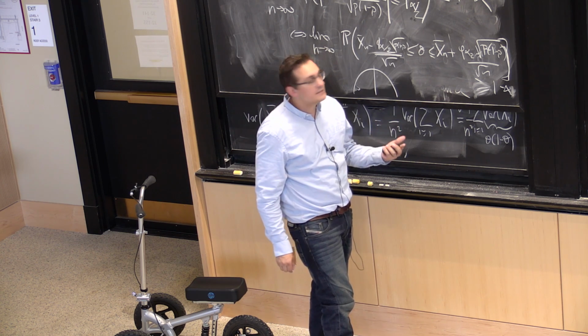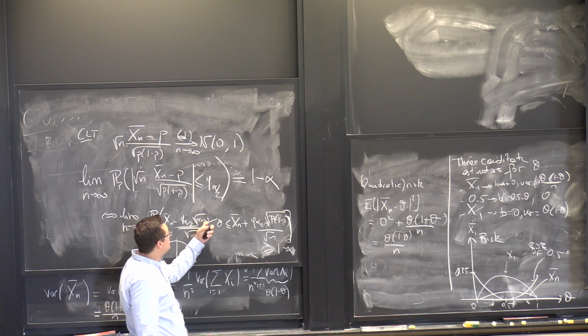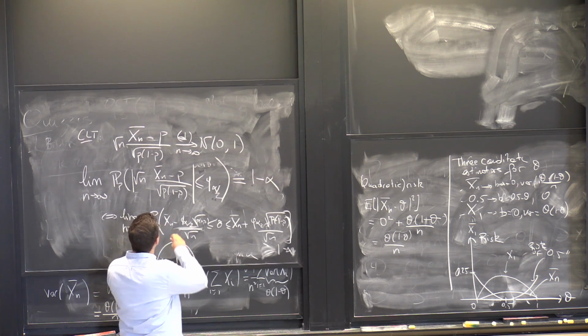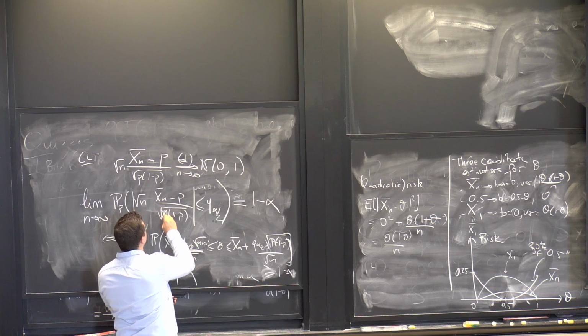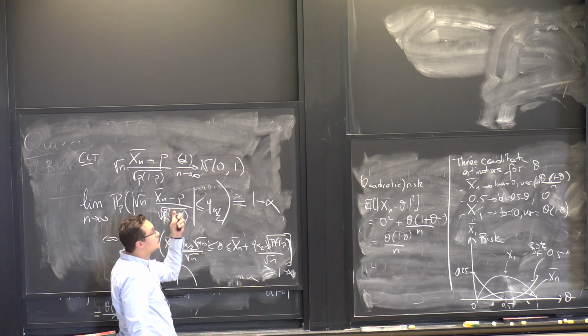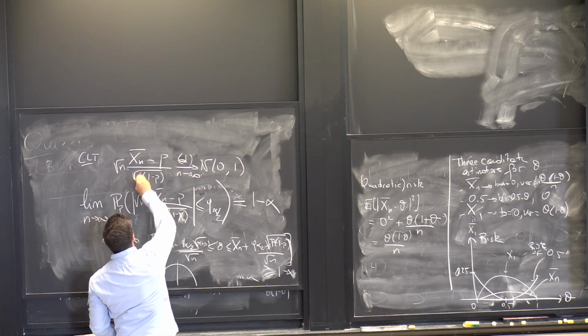Or I can use Slutsky and say that if I replace p by Xn bar, it's the same as just replacing p by Xn bar here. And by Slutsky, we know that this is actually converging also to some standard Gaussian.